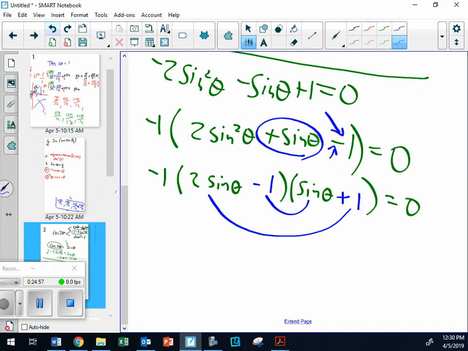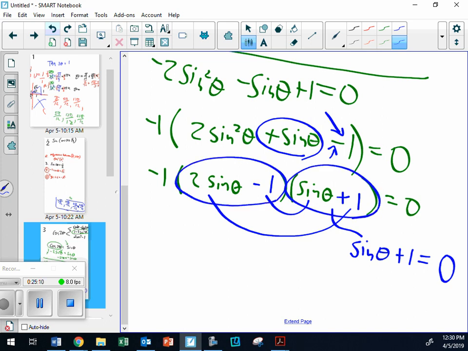but I don't have the answers. So you take this, and guess what? After all that work, you've got a new problem. You set this one equal to 0, and you set this one equal to 0. Do you set a negative 1 equal to 0? No, that's impossible. So you don't worry about the last one.